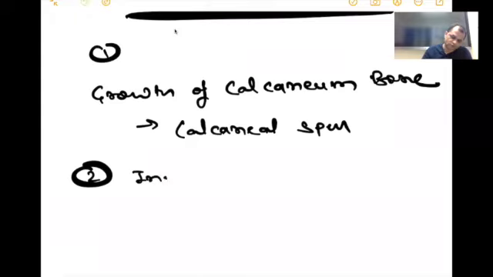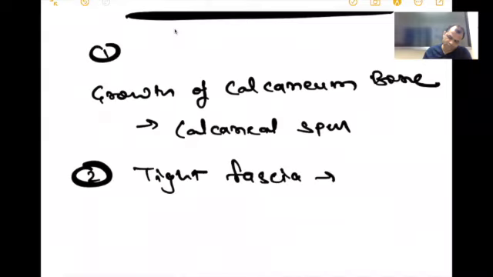The cause number 2 is tight fascia, or plantar fasciitis.